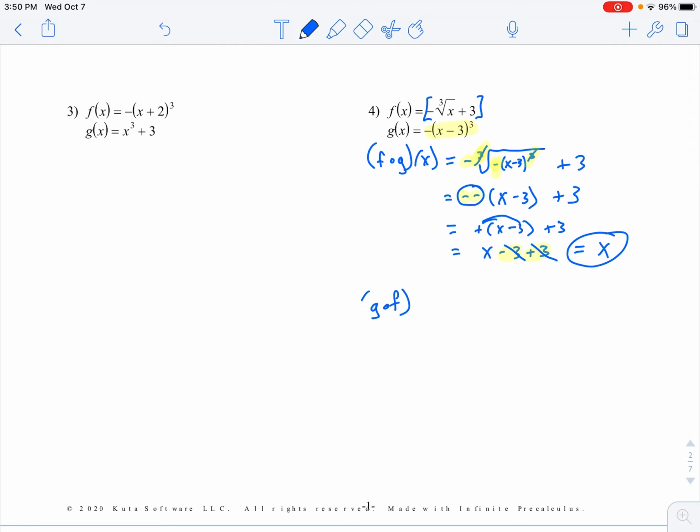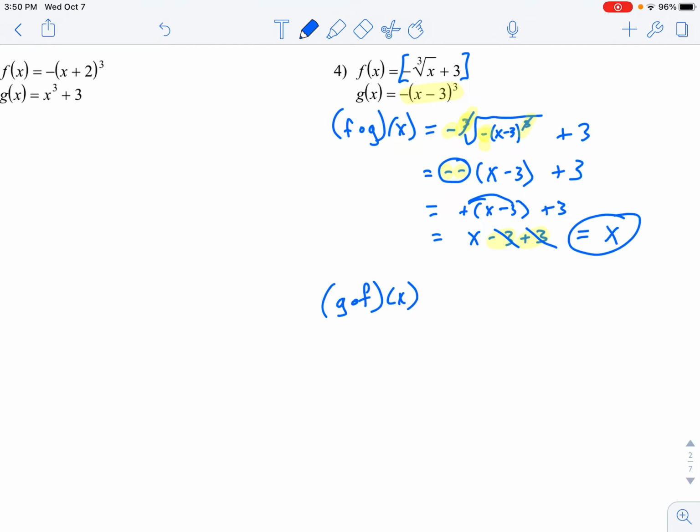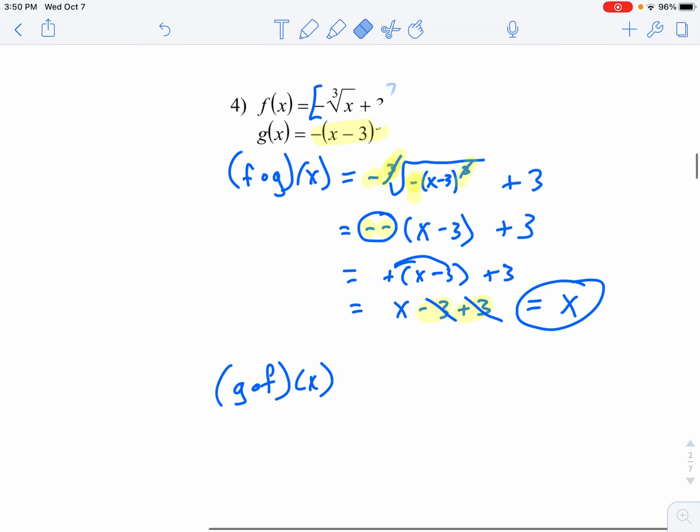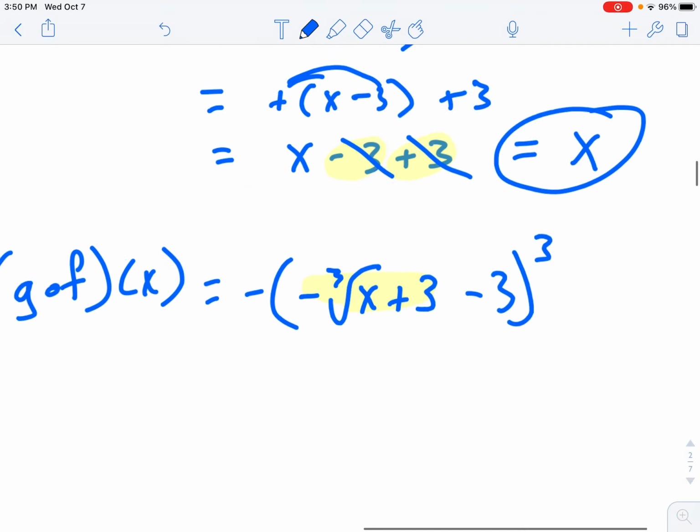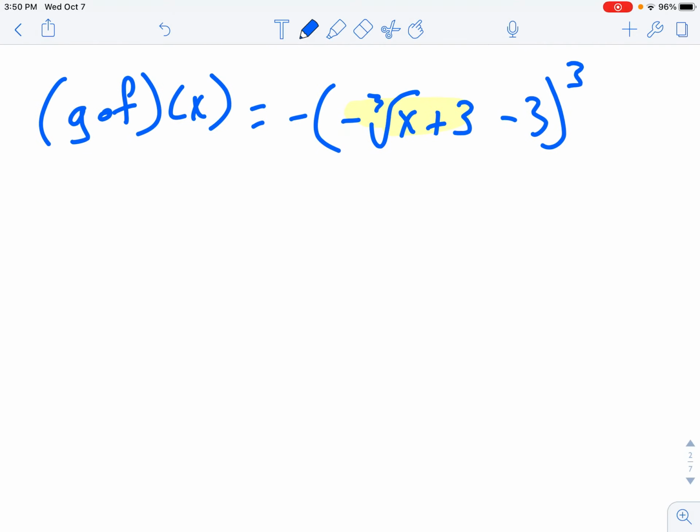g of f of x. So I start this time with g of x. That's going to be negative parenthesis x minus 3 cubed. And inside this space here, I need to write that negative cube root of x plus 3. So this is what I need to simplify.